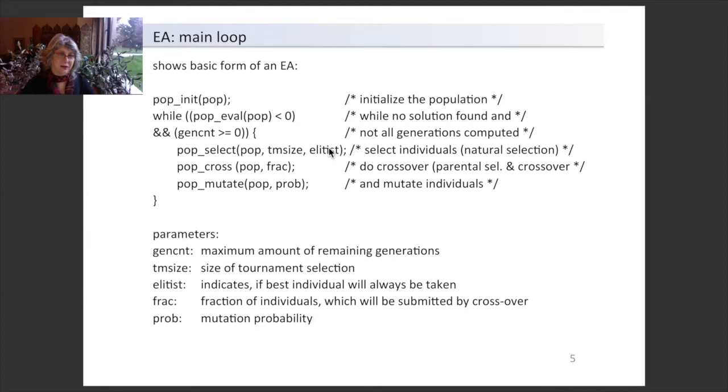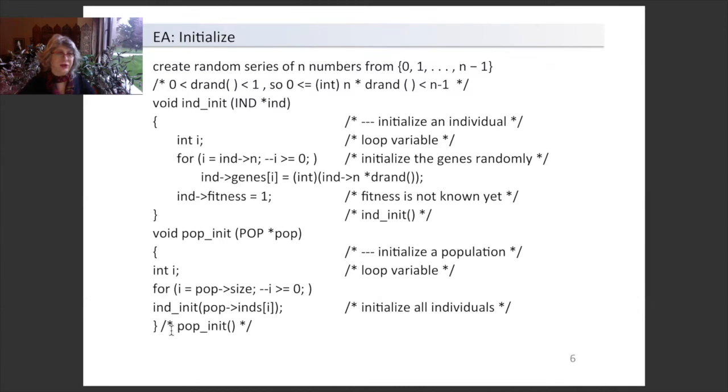Here we have elitist, in case the best individual will always be taken. In the next function we have frac, the fraction of individuals which will be submitted to crossover. And here there is prob. Prob is the mutation probability.